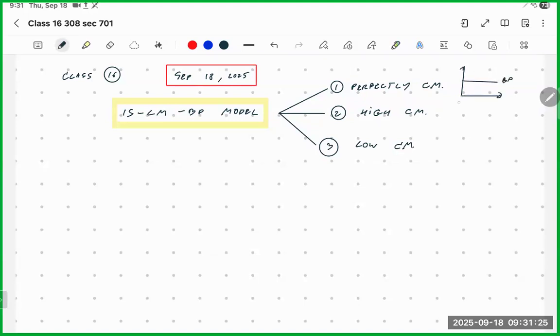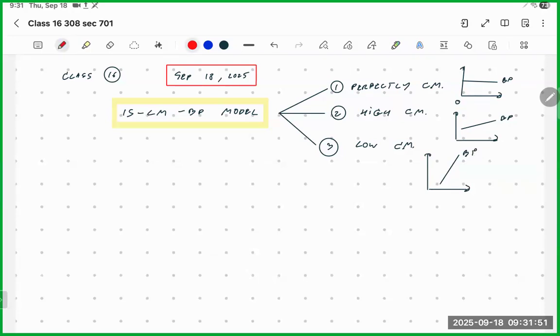For the perfectly capital mobility country, the BP curve is horizontal. For the high capital mobility country, the BP curve has a little bit of positive slope. And for the low capital mobility country, the BP curve is very steep. Okay, like this. These are the three types of country.